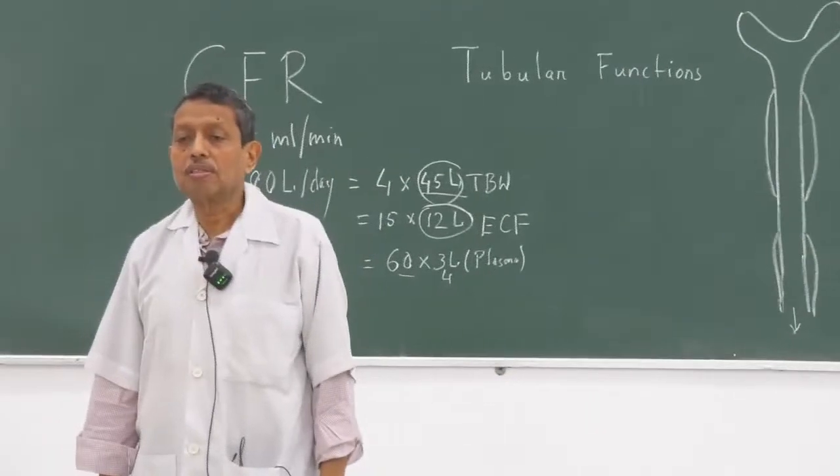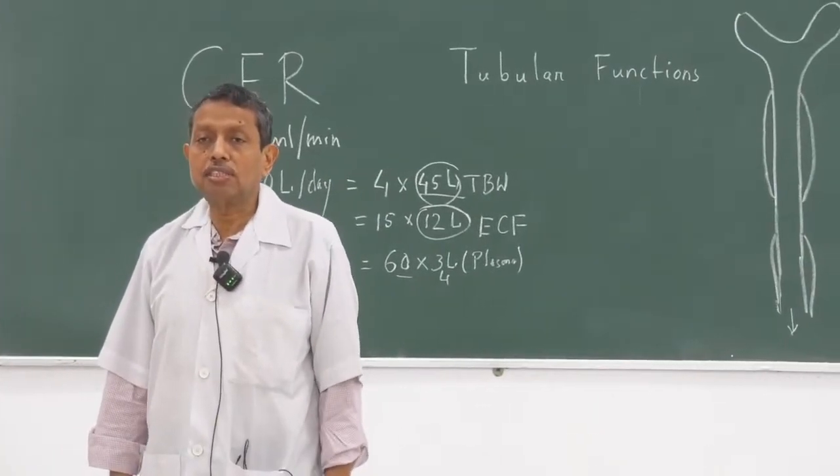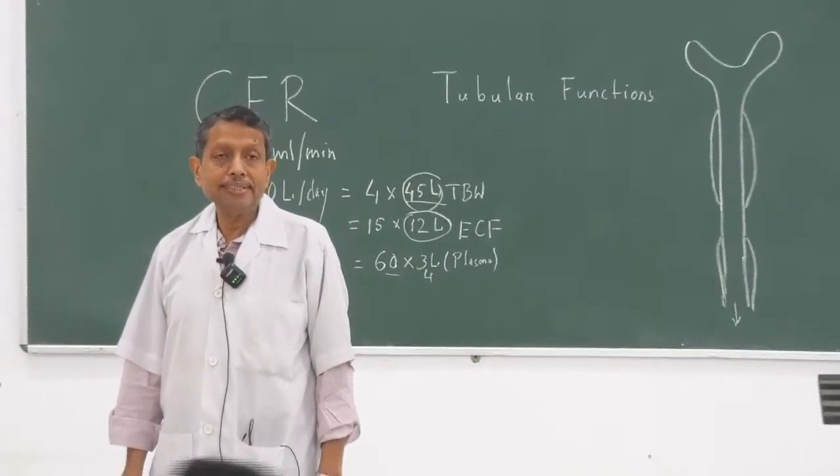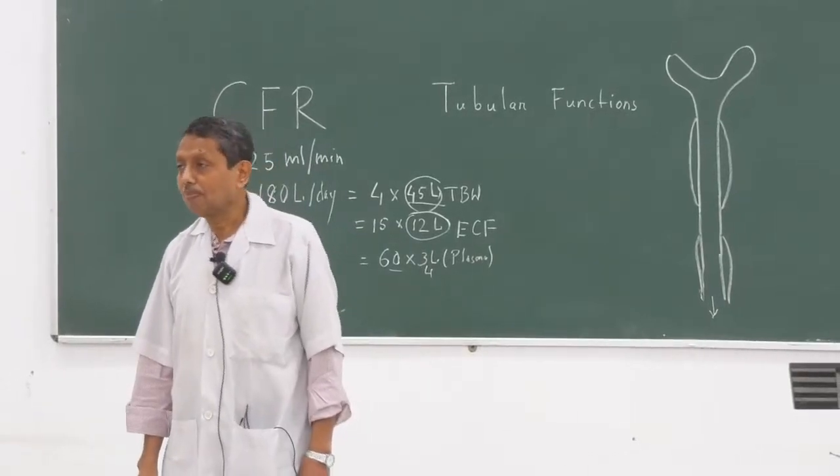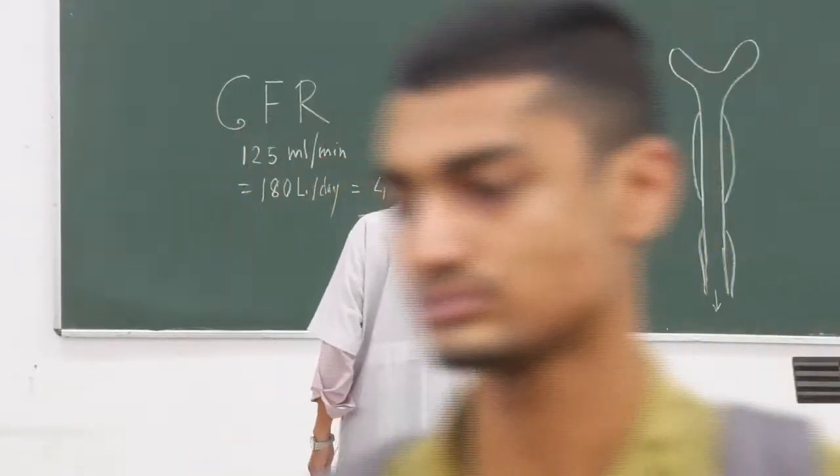...is equivalent to urinary concentration multiplied by the volume of urine produced per unit time. That is the Ux.